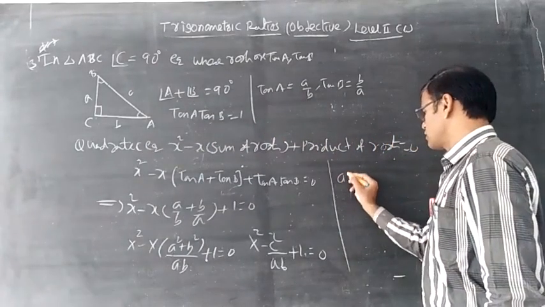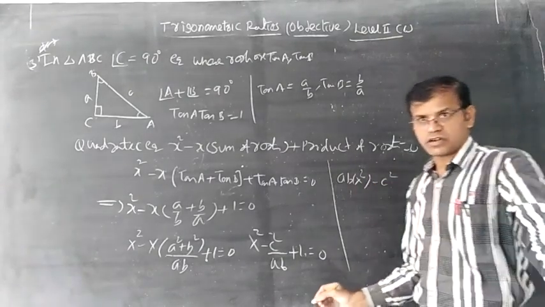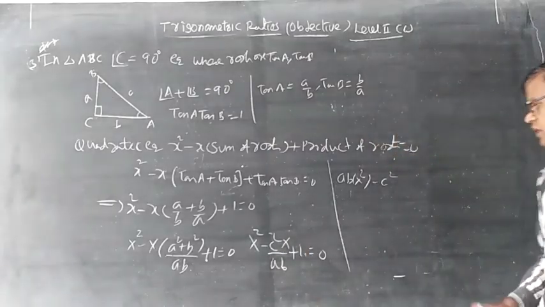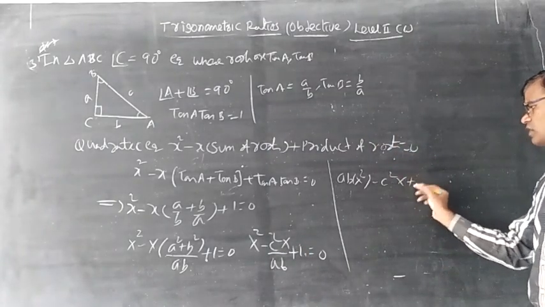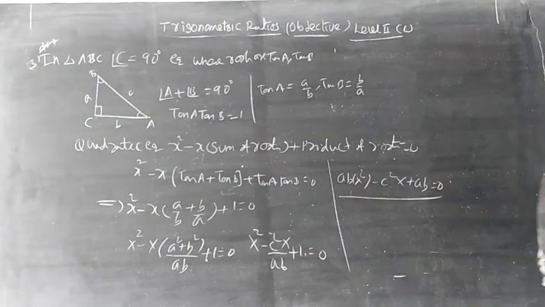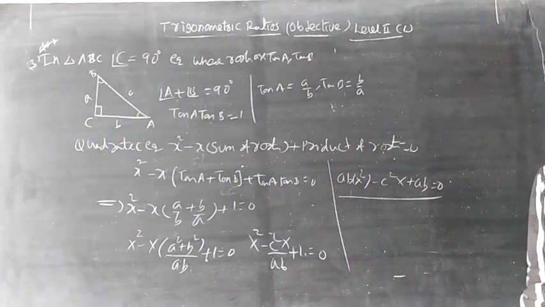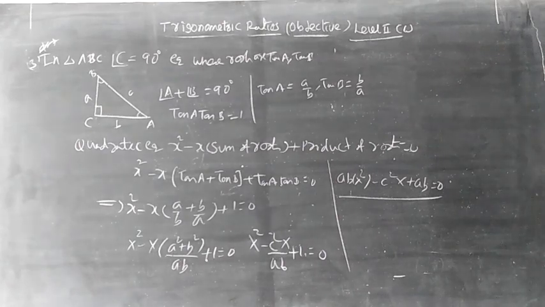Take LCM: ab into x square minus c square into x plus ab equal to 0.